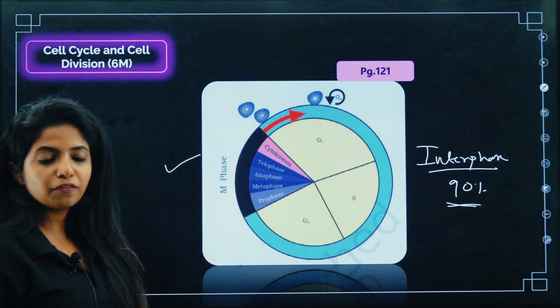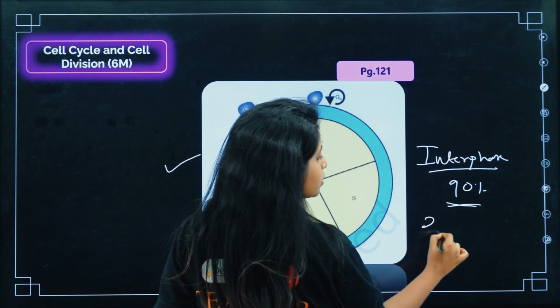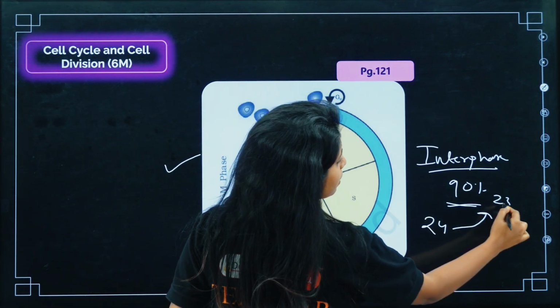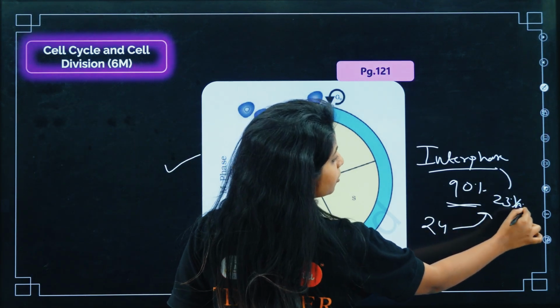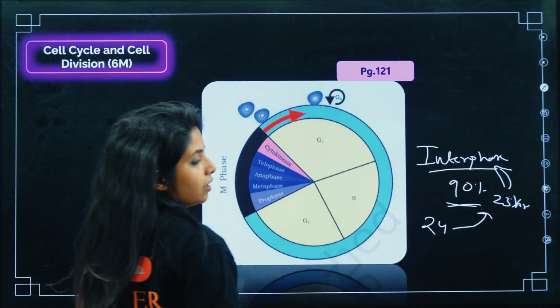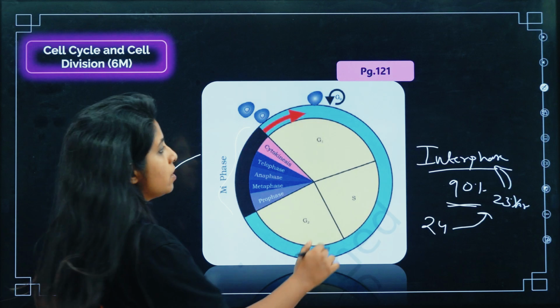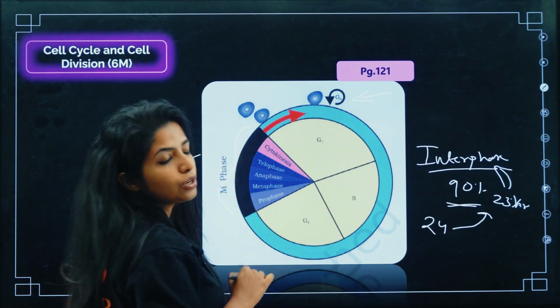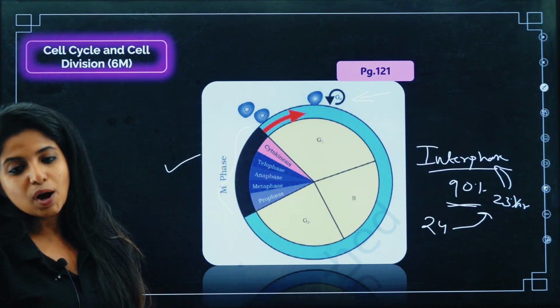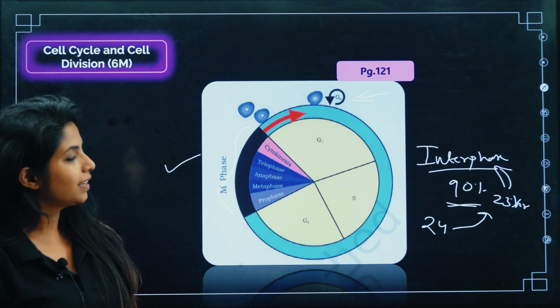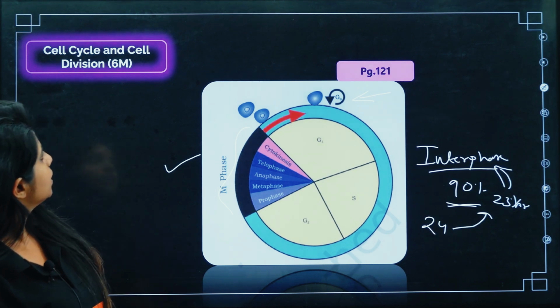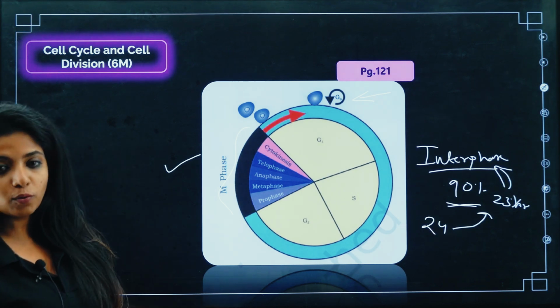For example, if I say the cell cycle is of 24 hours, then for almost 23 hours it is in the interphase. The remaining 1 hour it is going to utilize for the actual division. Do not forget to mention the G0 phase, that is the resting phase. Okay, cool. Yes, this is on page number 121.